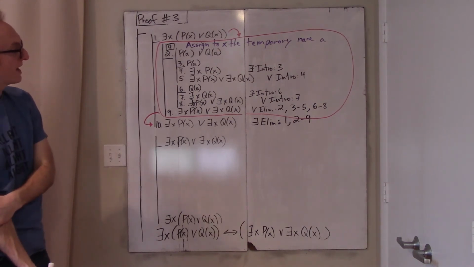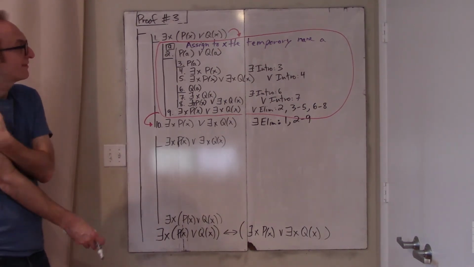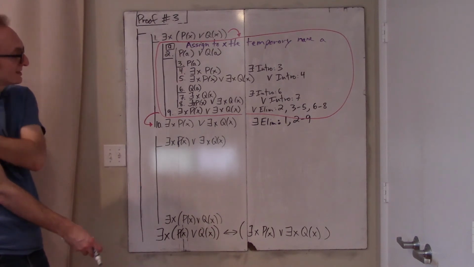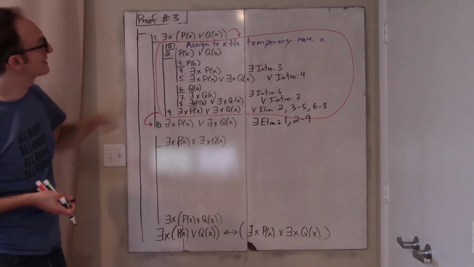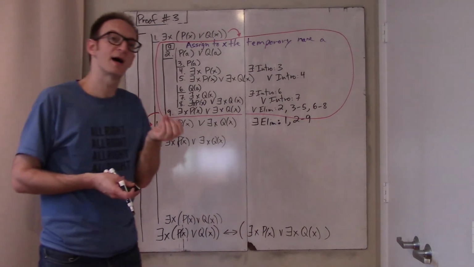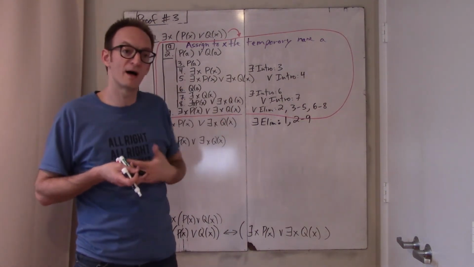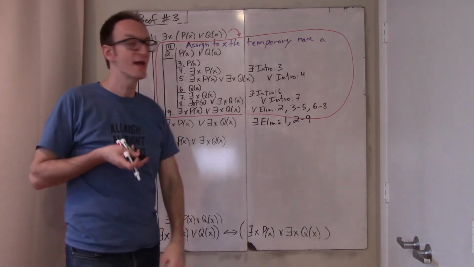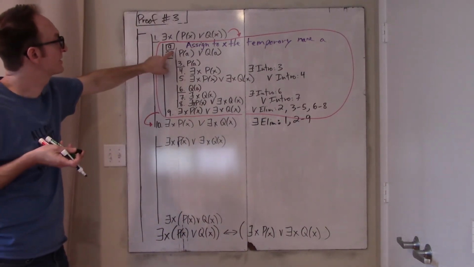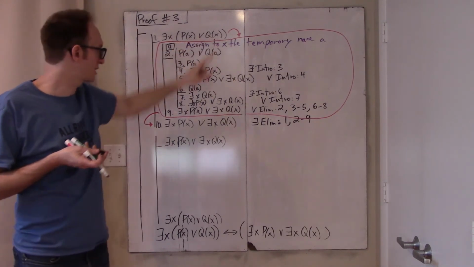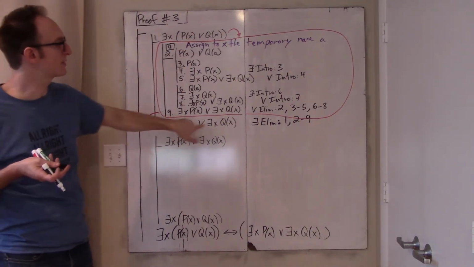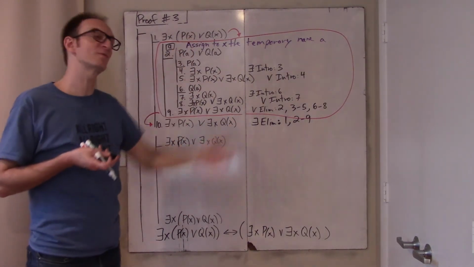Okay, and I was encouraging you to think of this as a sort of infinite proof by cases, and that's kind of what it is, right? What really happened in lines 2 through 9 is I took every single object from the whole town, and one at a time, I said, well, maybe they're the one with property P or Q. Conclusion, someone has property P or someone has property Q. Take the next person from the town.